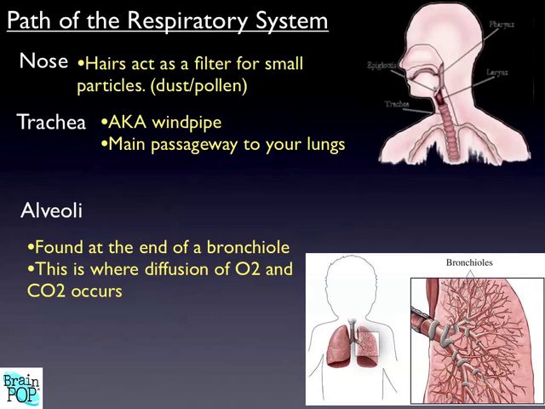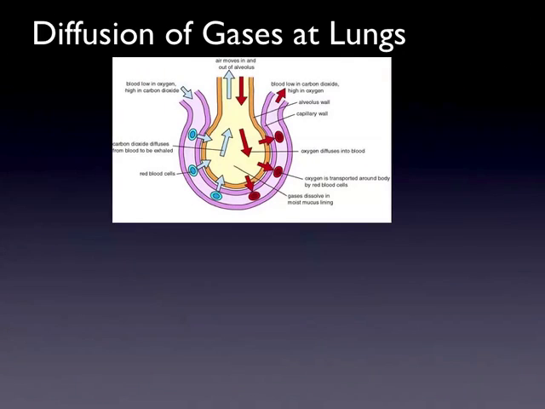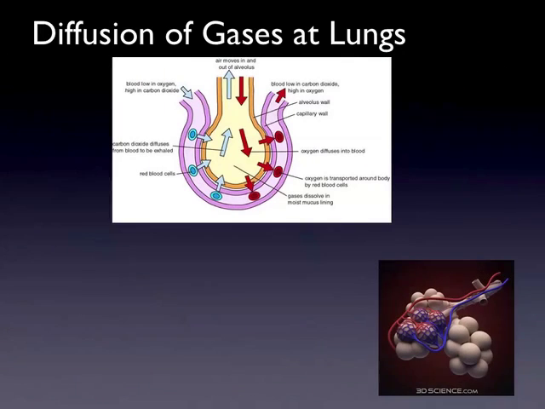So in these alveoli, these little clusters, this is where diffusion happens. This is the end of a bronchiole, and at the end, these are alveoli. You can see they are all surrounded by blood vessels, very tiny capillaries. This yellow is an alveolus.